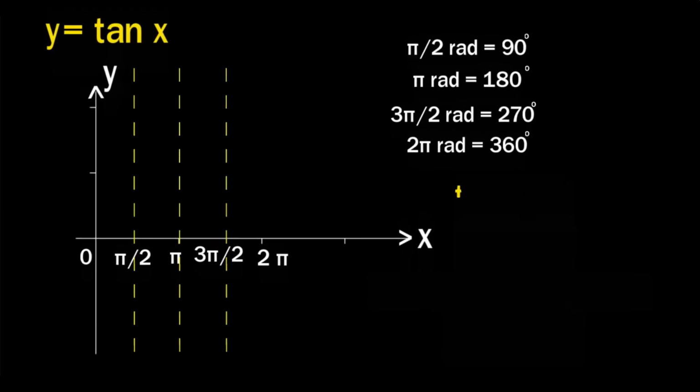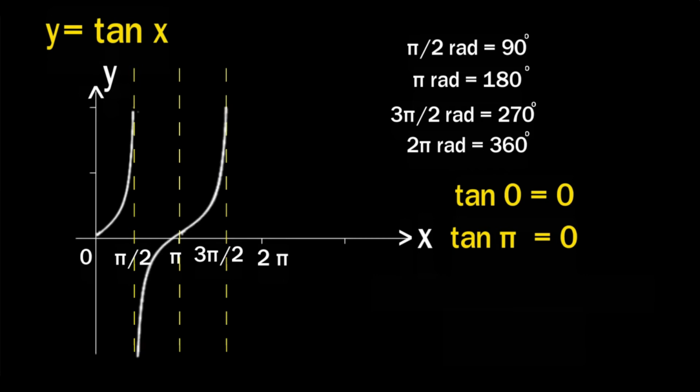For instance, let's say tangent 0 is actually 0. So we start from 0 and draw all the way up. And we know that tangent pi is actually 0 also. So we have this, and it will never touch pi over 2 and 3 pi over 2 because the answer is undefined.